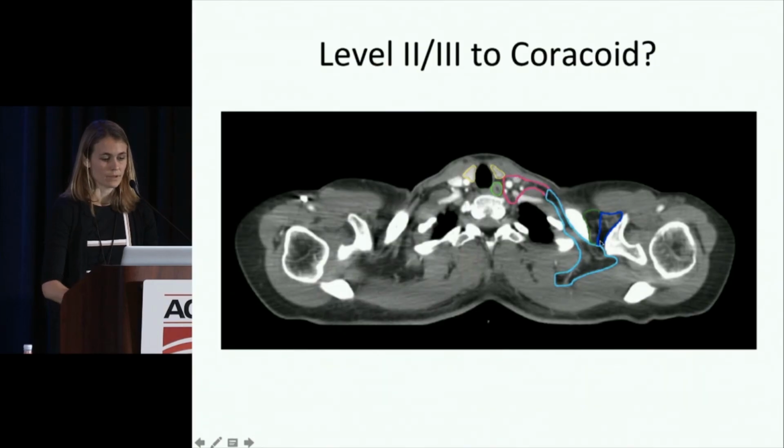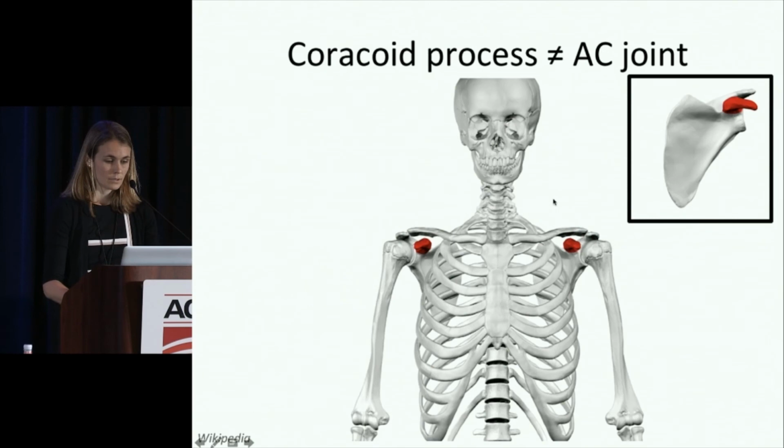On a cross-section, this is from the RADCOMP Atlas, it's showing you that the level 2 and 3 are actually going all the way up to the coracoid, and then again, this idea of connecting these volumes.